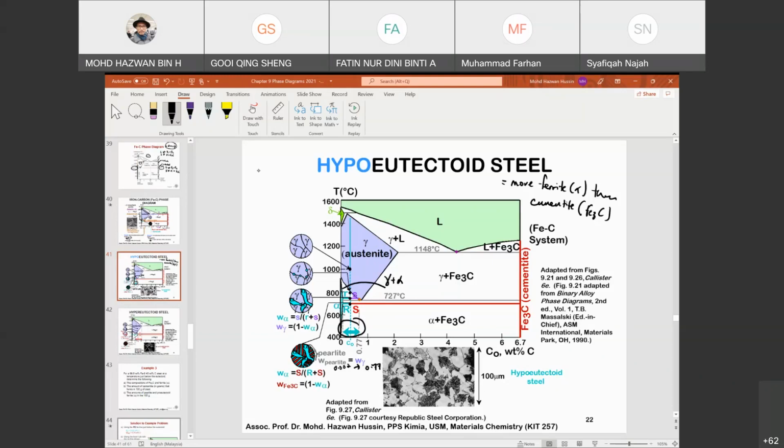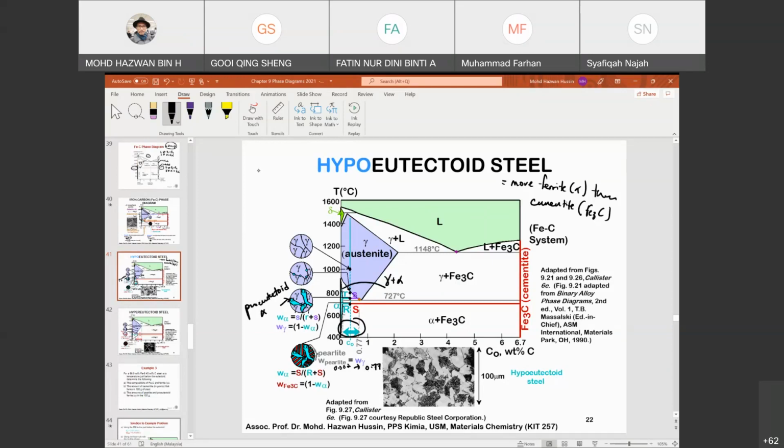So this one we call pro-eutectoid. Pro-eutectoid alpha. Okay. So in eutectic, we say it as primary alpha.